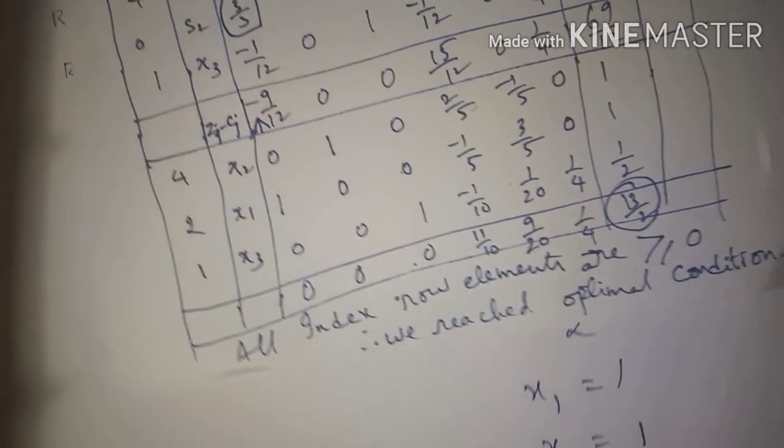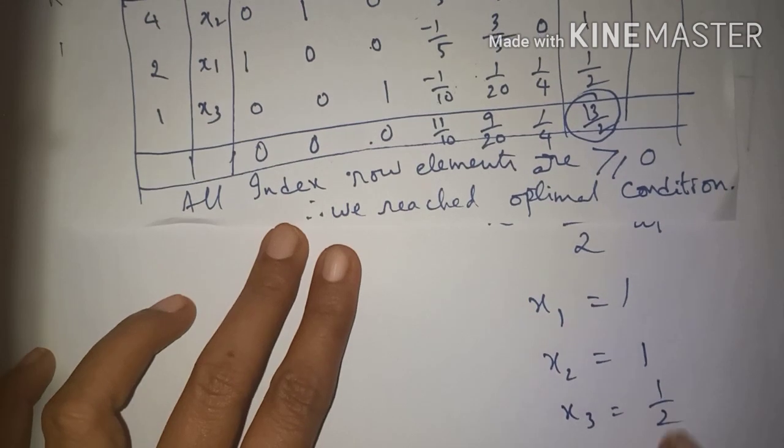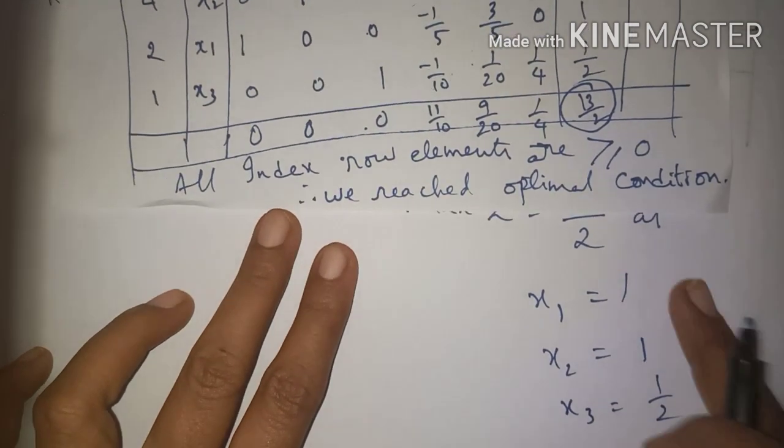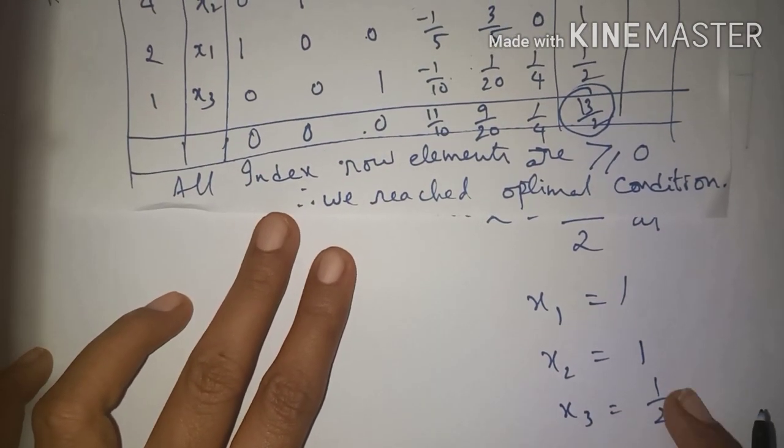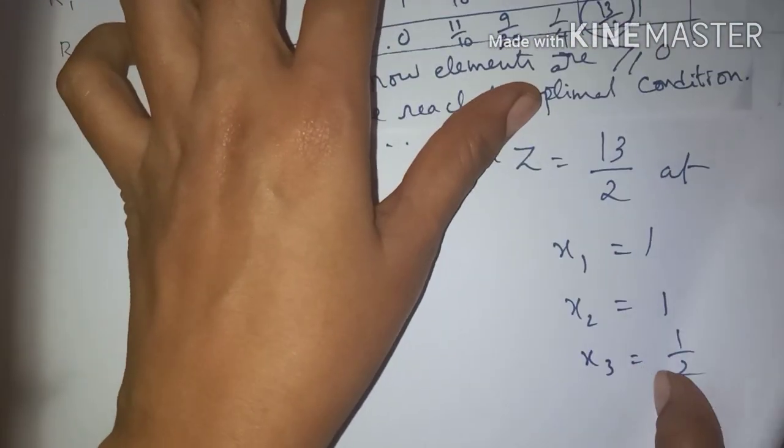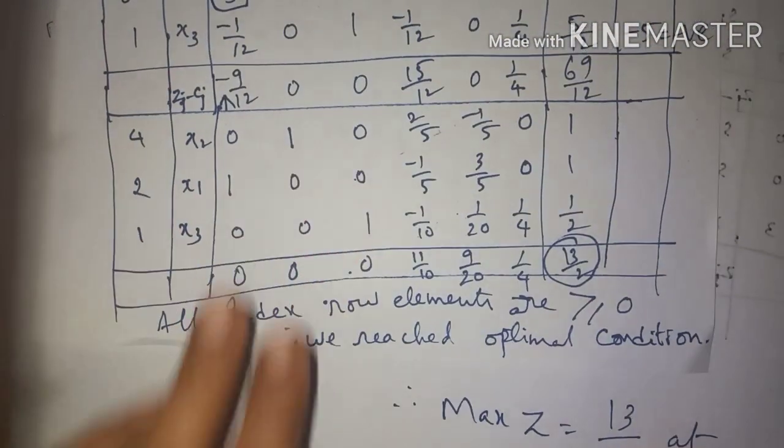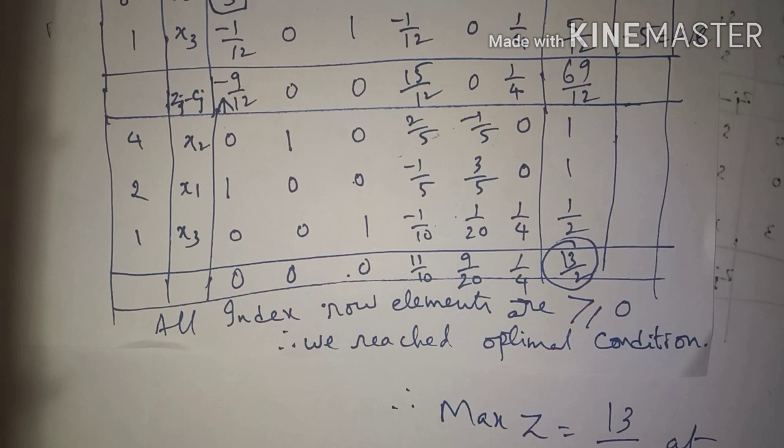If you substitute all these x1, x2, x3 in the objective function, again you will get 13 by 2. This is simplex. Thank you.